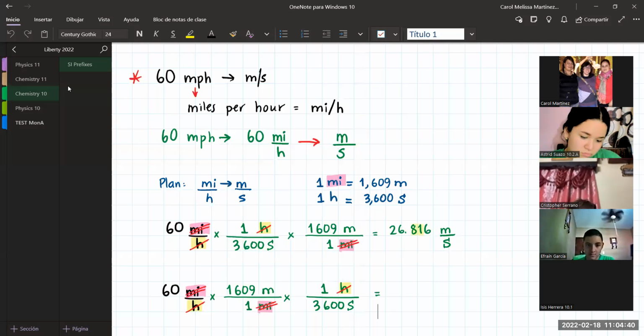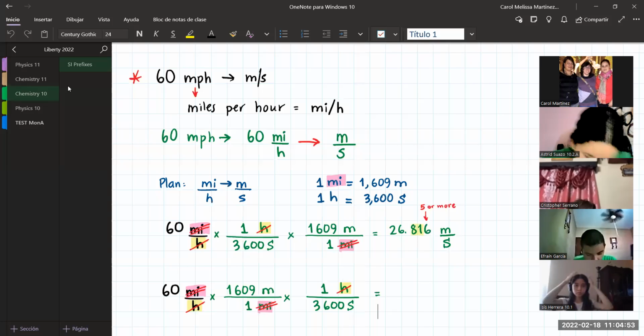Can we round this number? Yes. For rounding, we're going to take a look to the third digit, okay? And we're going to see if it's 5 or more. If it's 5 or more, then yes to the rounding. The rounding must be done. If not, then you don't do rounding, you just write the 81.